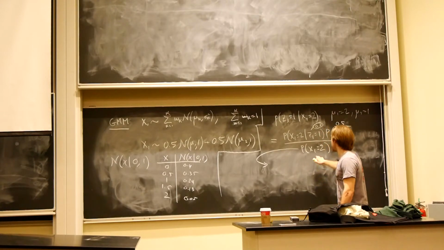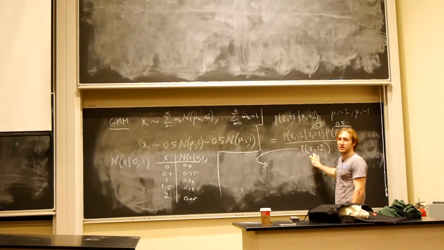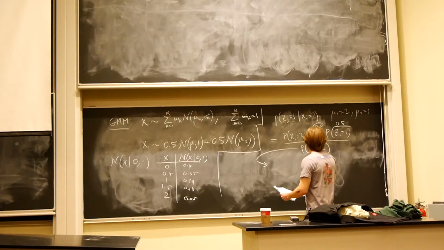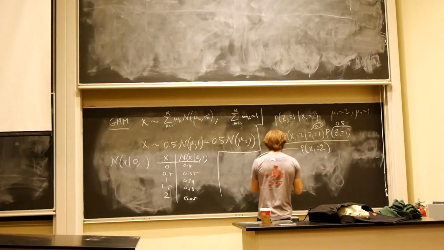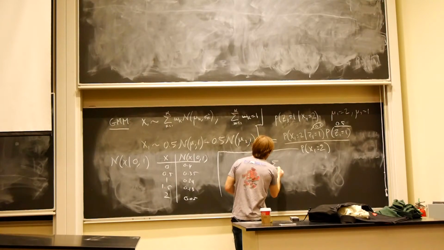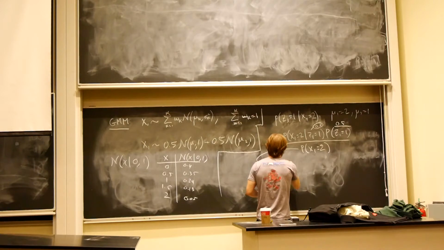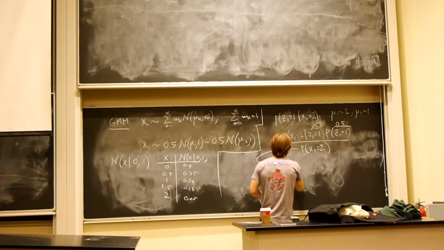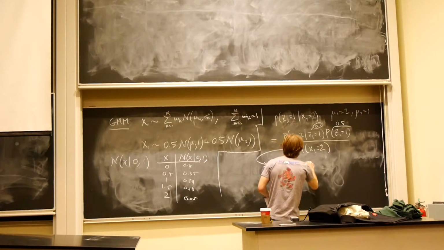Plus, it gives us a chance to think about what it means to compute this marginal here. Keep in mind that we can write it out as the sum over our components, z sub j, of the probability that x1 equals 2, comma z sub j.